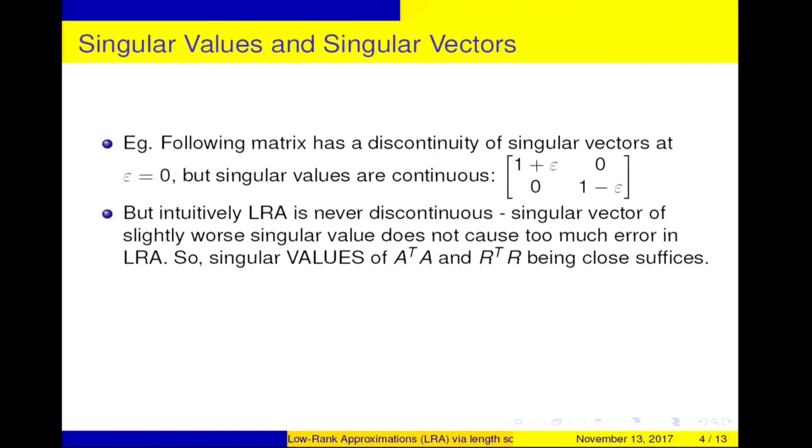But the point to remember is that low rank approximation intuitively is not discontinuous, right? Suppose epsilon was positive, so the singular vector is the top one, but this is a close-by eigenvector with eigenvalue 1 minus epsilon instead of 1 plus epsilon.